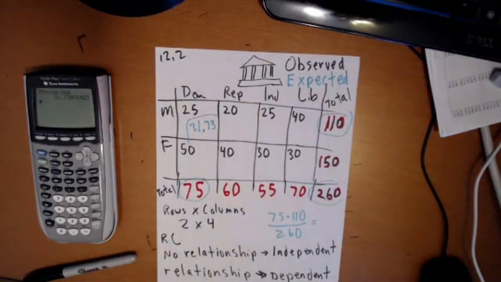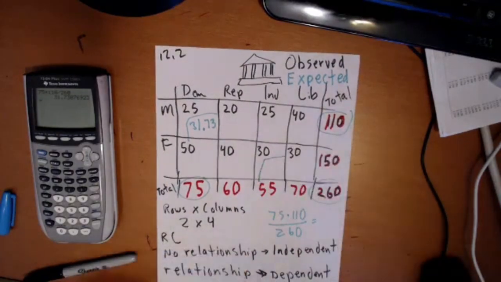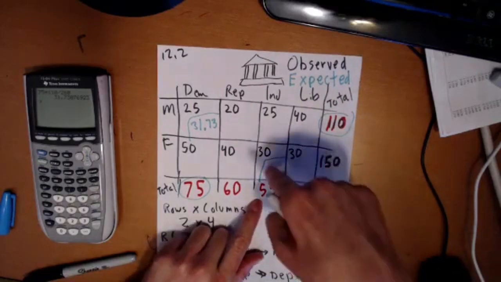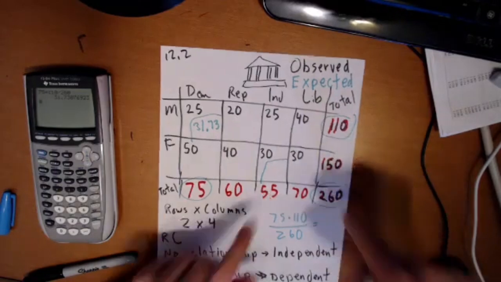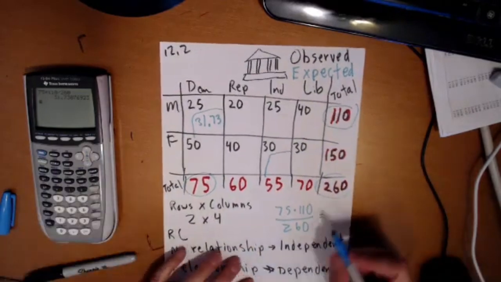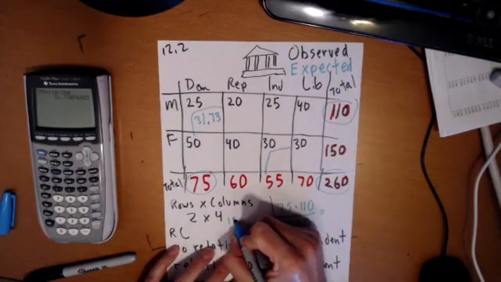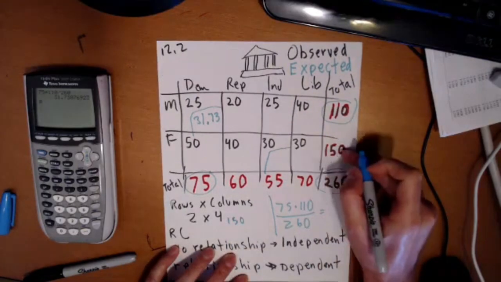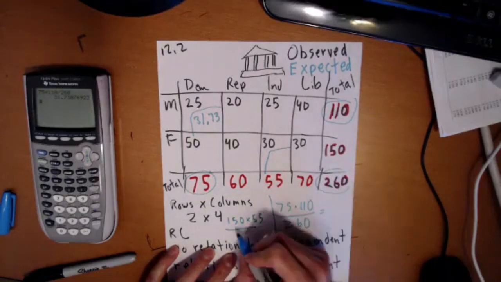Okay. So just for fun, what number would go right here? That would be, so this is the independent females, row total times column total divided by total total. I'll just write it right here: 150 times 55 divided by 260.